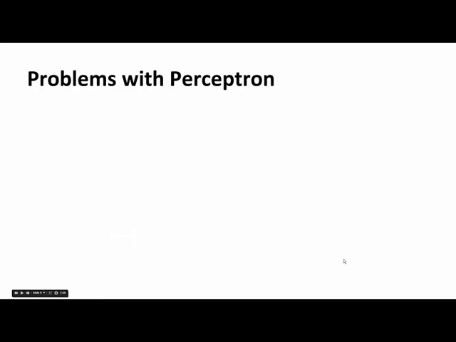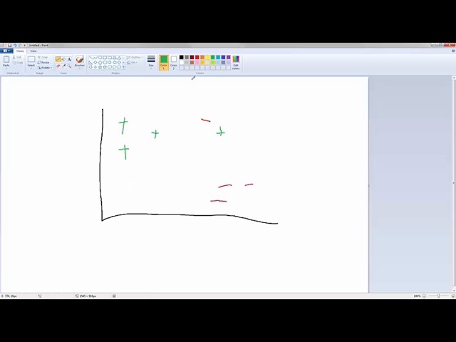So there are several problems that perceptrons can have, and I'm sure that many of you noticed this as we were talking about training. The first problem with perceptrons is that sometimes the data won't be separable. What I mean by this is you can imagine that we have a set of training data that looks like this, where there's no line that we can draw that will be able to linearly separate the two data sets.